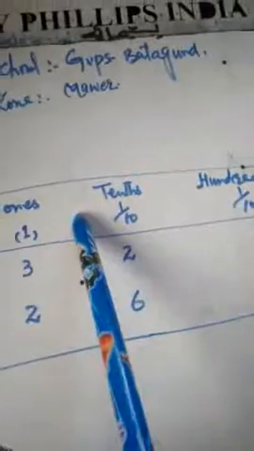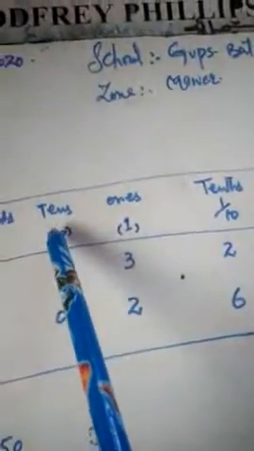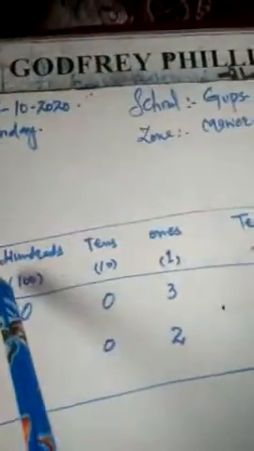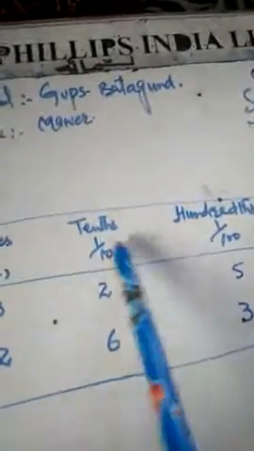Dear guys, you know that the decimal stays here. The number next to the left of this decimal is ones, then tens towards the left, then hundreds. The places towards the right of this decimal are tenths, hundredths and thousandths.